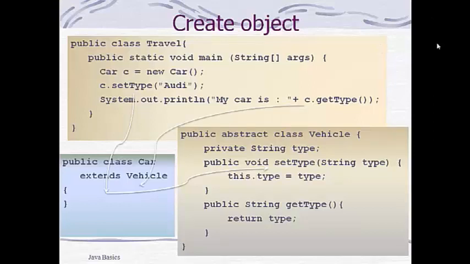Then when we say getType, again it goes to Car and it goes to Vehicle and calls the method which returns the string type.